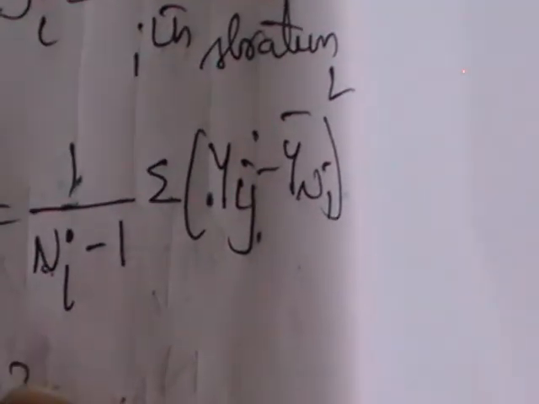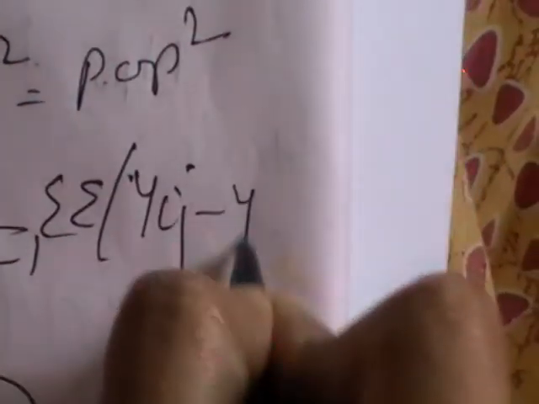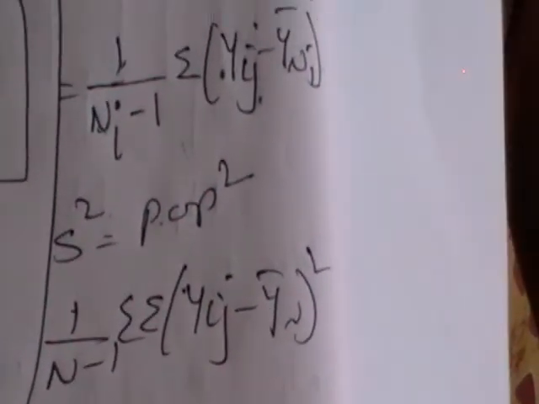Similarly, S square is the population mean square, which we define as 1 by N minus 1 double summation of Yij minus Y bar whole square. The same you will get in terms of small letters for the sample.